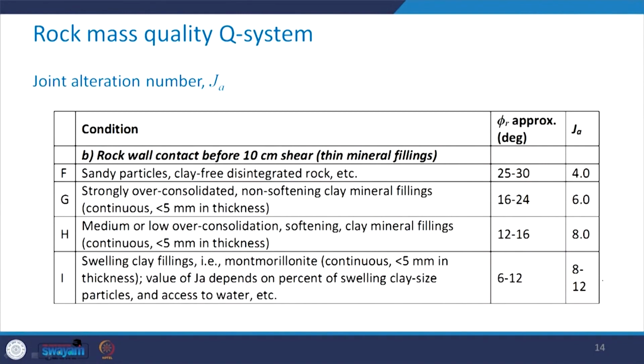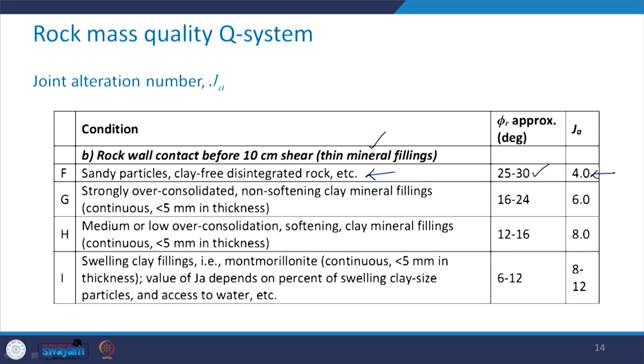Coming to the next category of condition, that is when rock wall contact is there before 10 centimeter of shear, and this will have thin mineral fillings. In that case, if you have sandy particles, clay-free disintegrated rock, etc., then this phi r varies between 25 to 30 degrees and the rating assigned to Ja is 4.